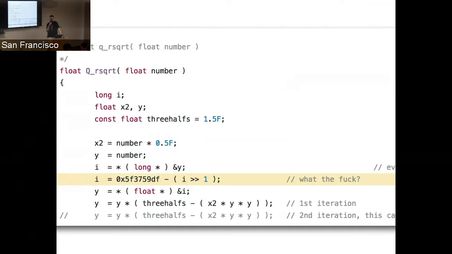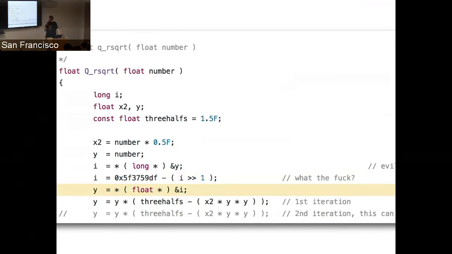It's still used right now for some optimizations. We're removing the last bit, and suddenly we get half of the previous number. And the result is combined with this constant number that we'll get back to later.